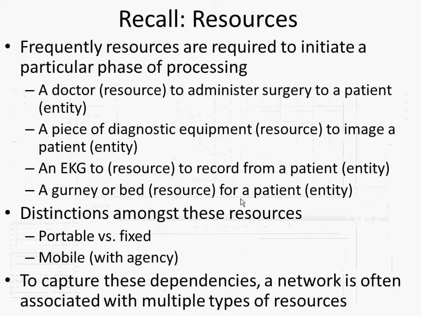One, resources that are mobile, that have agency. Give me an example of a resource with agency. Doctor? A doctor, a nurse, a staff member of various sorts. One could think of others as well in various contexts, but those are some fine examples.